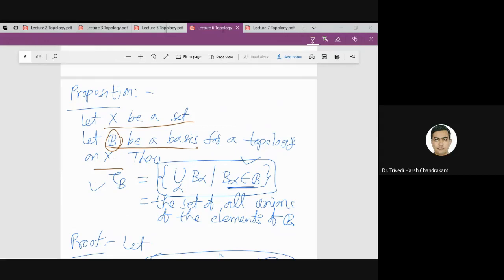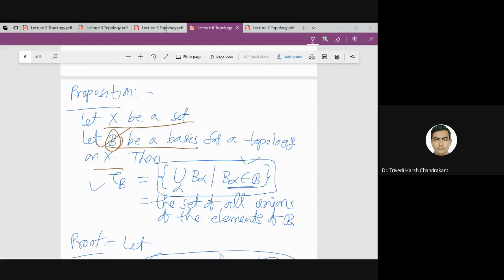The second property is that for every B1, B2 containing point x, I can always find B3 belonging to B such that x belongs to B3 contained in B1 intersection B2. So both these properties are satisfied for the elements of B. That means B is a basis.